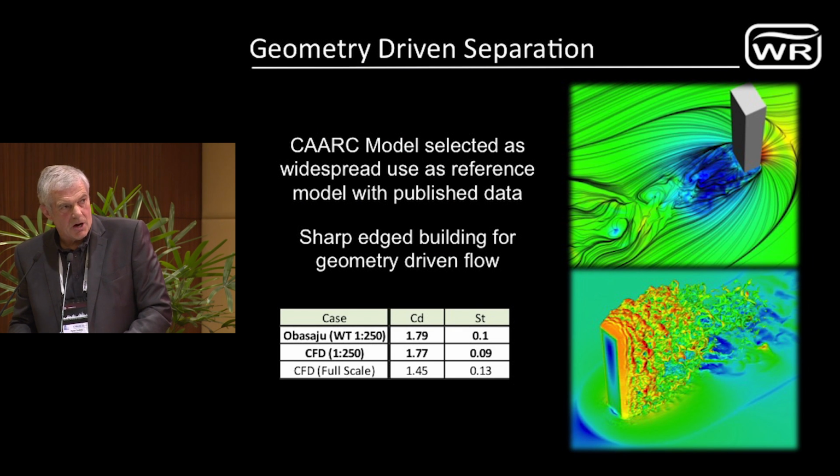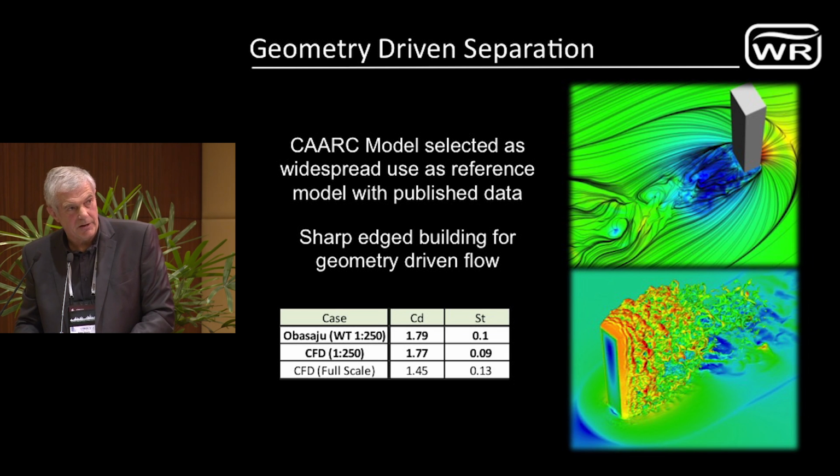This is another view of the same CARC model. In this case, what we're looking at here is how the wind, looking at this top one, on this windward side of the windward face here, the air, which is this cold air here, is coming down the front of the building, hitting the ground and going forward, and meeting the oncoming air, and then ending up with this horseshoe vortex around the building.